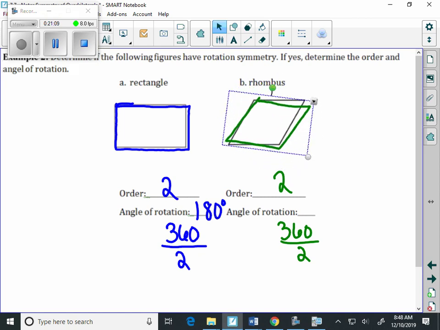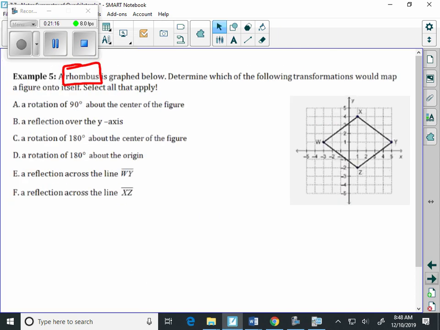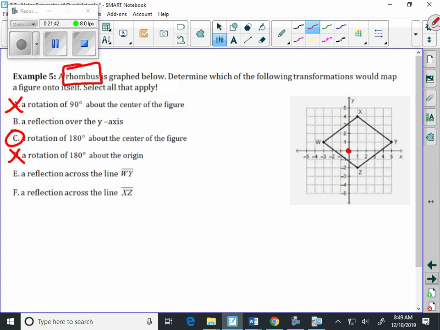So there's a 90, there's a 180 again. So it's not going to be 90. Do we have 180? The thing is, we've got two 180s. We've got 180 degrees about the center of the figure, or 180 degrees about the origin. The origin being here, if we rotate it around that point, is it going to be symmetric? It has to be around the center of the figure.